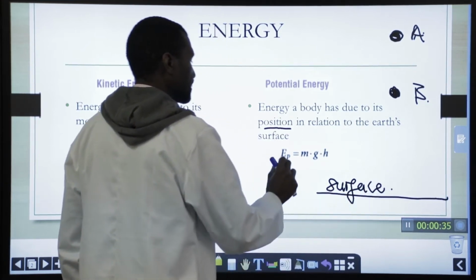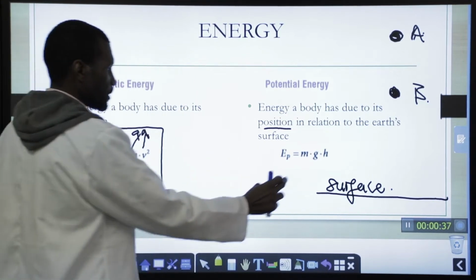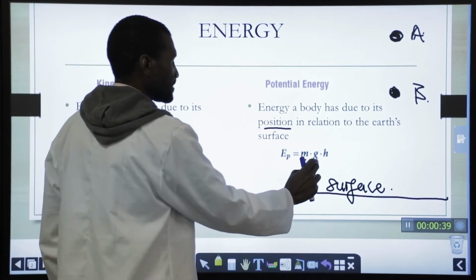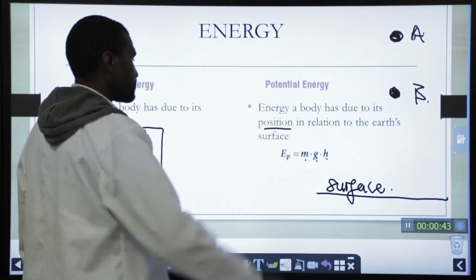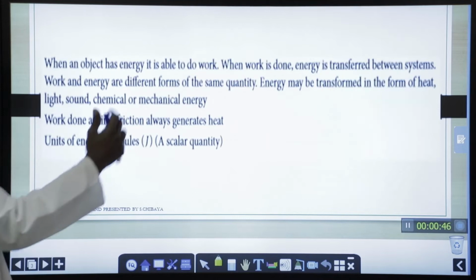So, calculating EP, we multiply the mass of the object times g, which is gravity 9.8, times the height above the ground. Very important to remember.